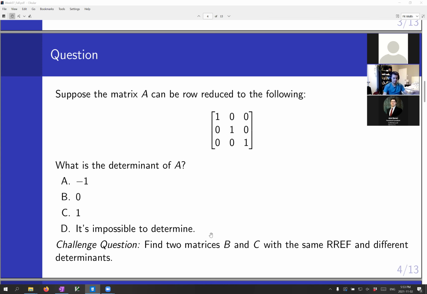Does that make sense? That's basically the trick, right? So if your matrix is very near triangular, you row reduce it so that it is triangular, and then keep track of the row operations that you used and undo them so that you can get the original determinant.